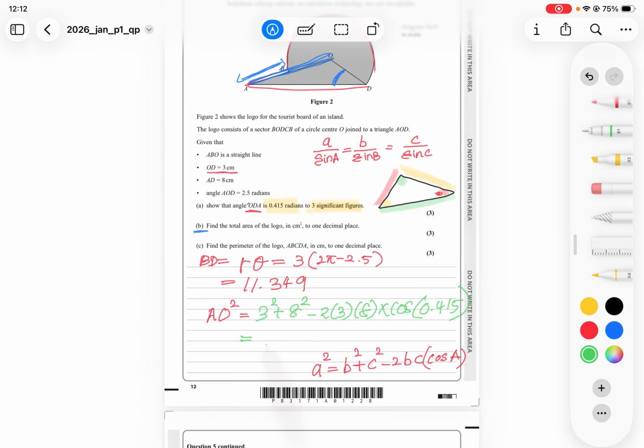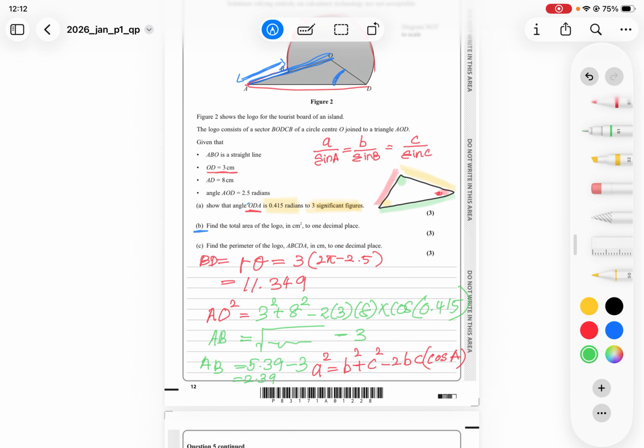So now, once we get that, AO will be the root of it. So AB will be the root of this whole value minus 3. Once we get that, AB is going to be 5.39 minus 3, which is 2.39.